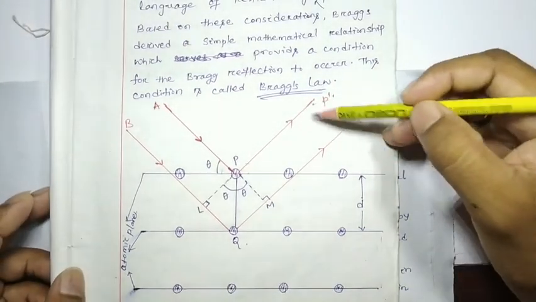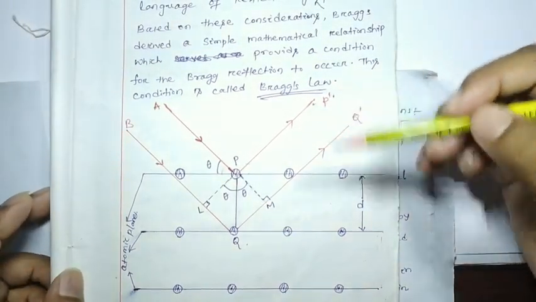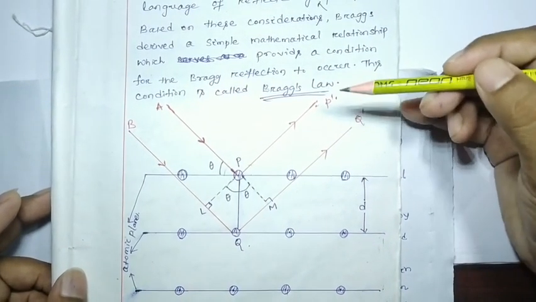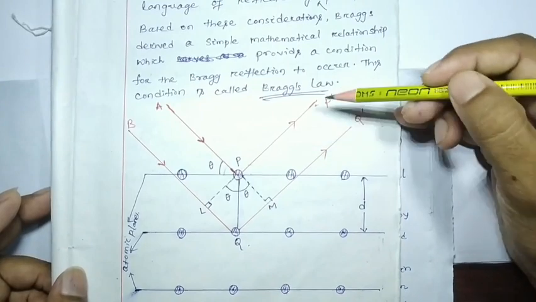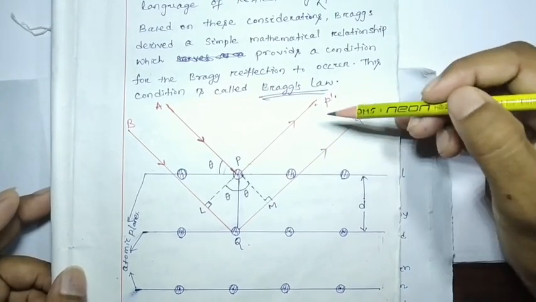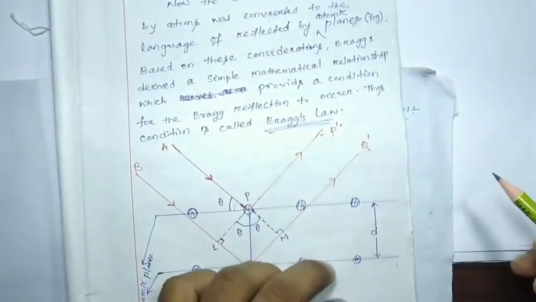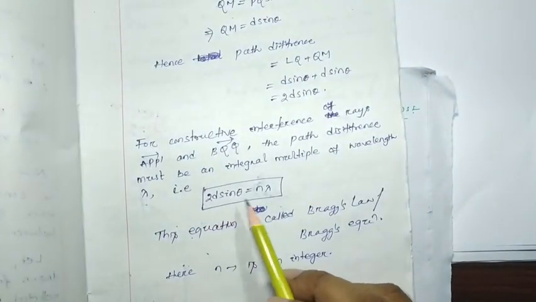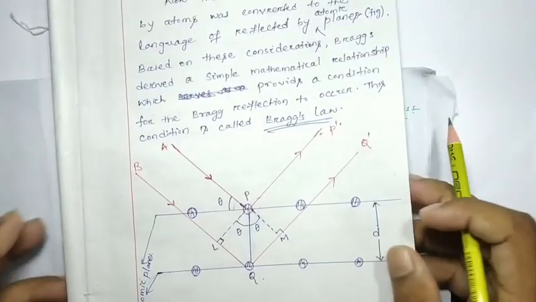These two beams interfere with each other and produce constructive interference, or maxima. The condition of maxima has to follow Bragg's condition, that is 2d sin theta equal to n lambda.